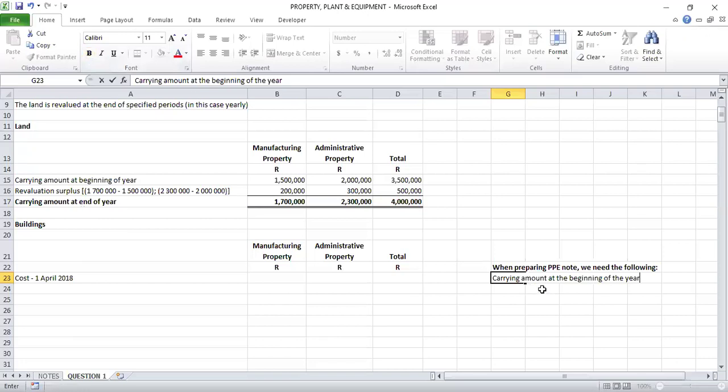We know that carrying amount is cost minus accumulated depreciation at the beginning of the year. So that's why I need the cost at the beginning of the year and the accumulated depreciation at the beginning of the year, because I need the carrying amount at the beginning of the year.